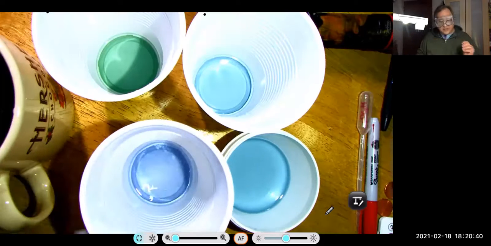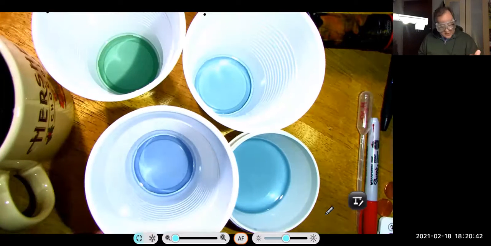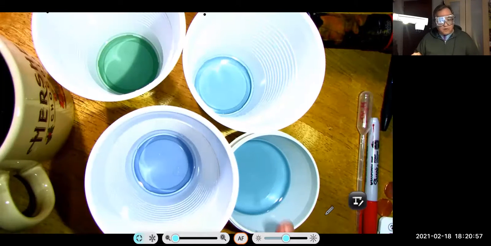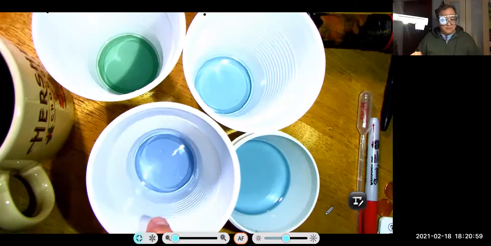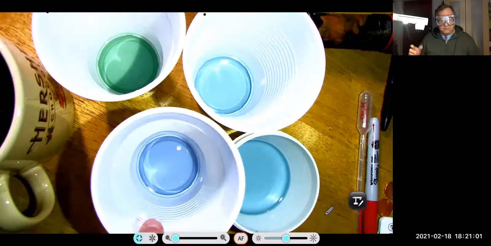So you can tell that there has been a slight color change when I add the HCl to the solution, right? Here I would call this control more of a steel blue, if you will, and this one more of a, I don't know, blue.